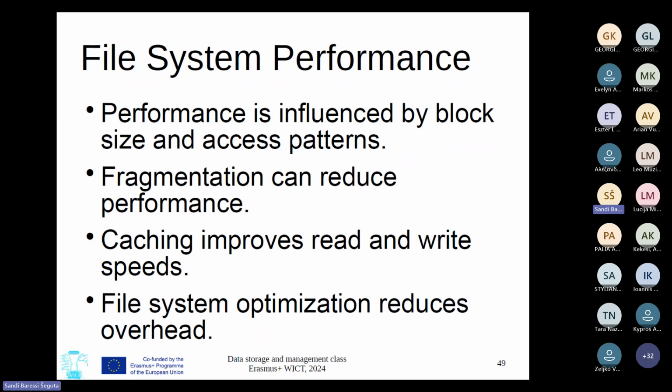Those 200 data blocks, you might not have space on your hard drive to have 200 data blocks one after the other. So you're going to write 50 data blocks here, 50 data blocks here, 100 data blocks there, right, in different locations. And this can reduce performance. So in old computers, you used to do defragmentation once in a while to basically move files around and put them together, right?